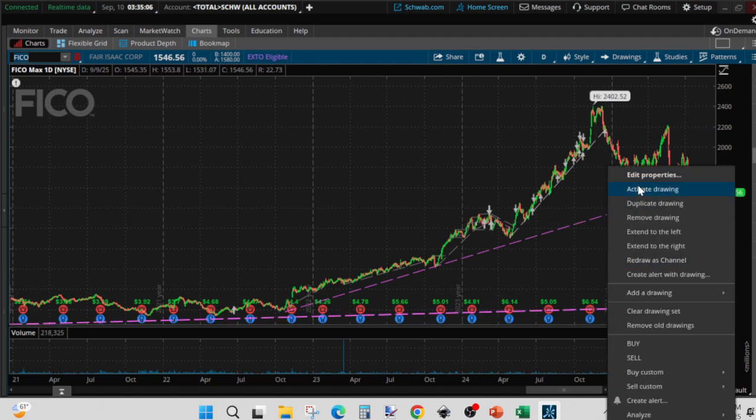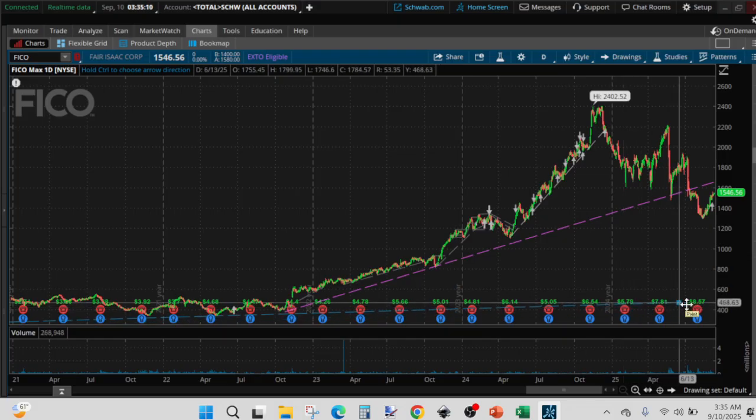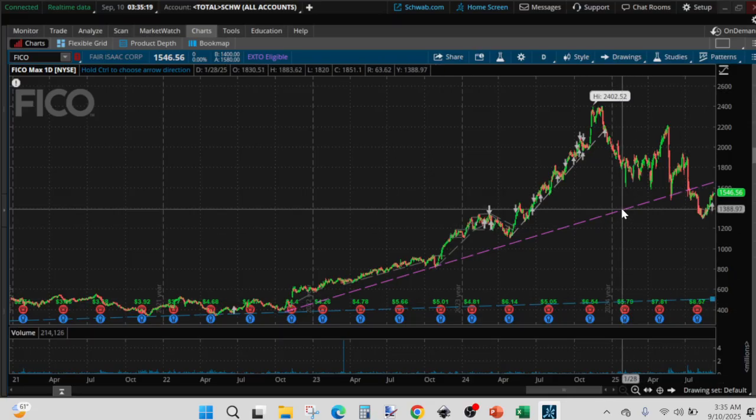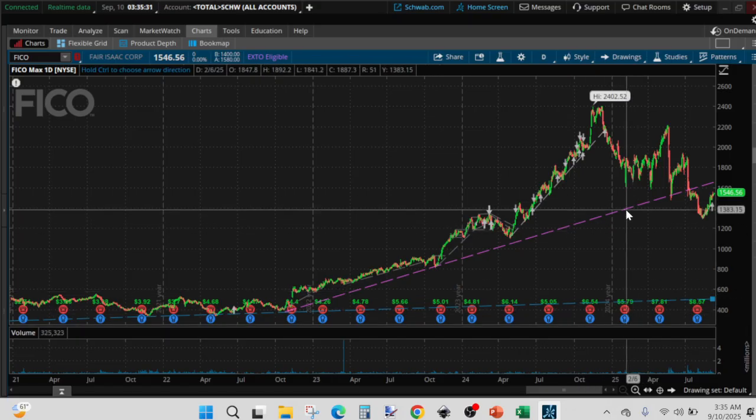What I like to do is, when the chart is moving away from the line, we just keep extending the lines as well. There is a line here that I highlighted that, if it goes there, I will buy. But I highlighted this one as well, which is more likely to happen, so I will buy it there as well. I will keep those two lines highlighted as buying points, entry points.